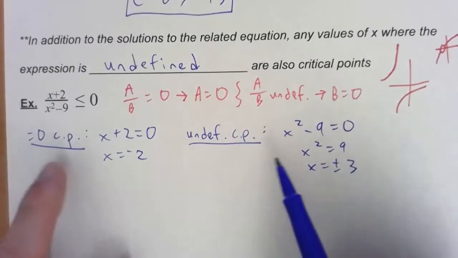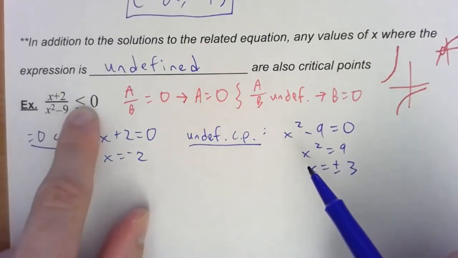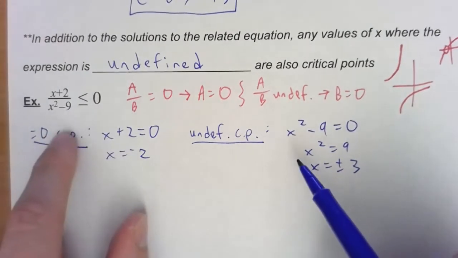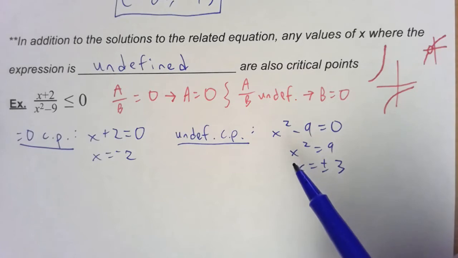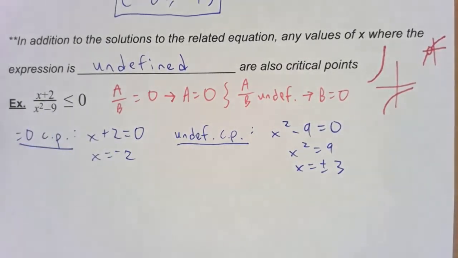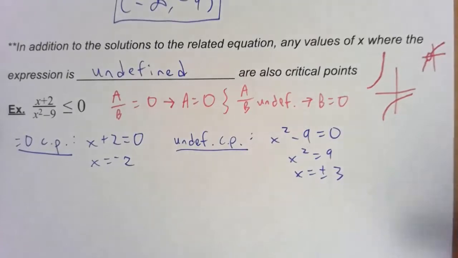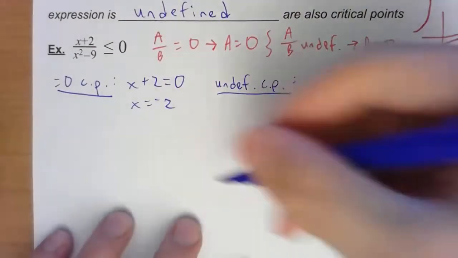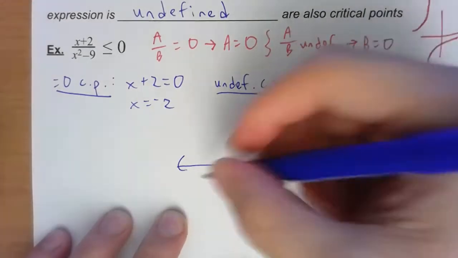So it's two different things you have to look for now, both solving the equation, which here would be putting that equals 0, and where it's undefined, where there's any gaps in the graph. So for these rational functions, for these fractional functions here, really what it amounts to at the end of the day is just take the numerator, set it equal to 0, take the denominator, set it equal to 0. Okay. All right, so we'll put those on the number line.